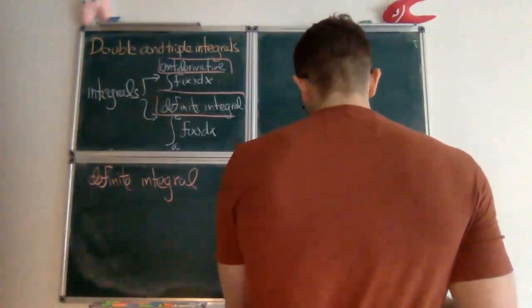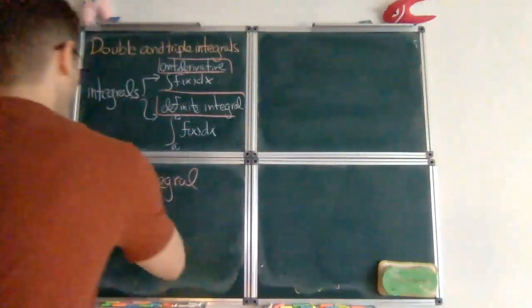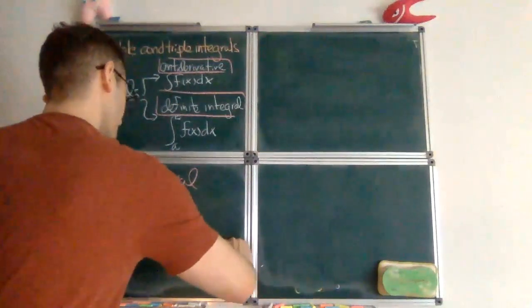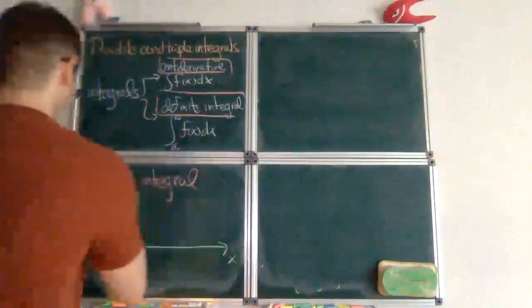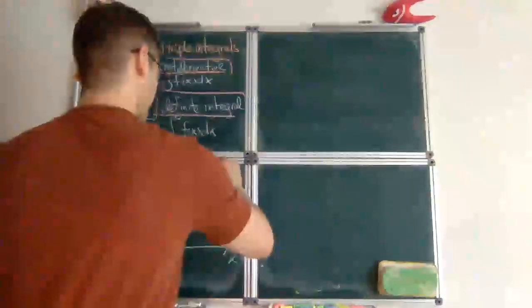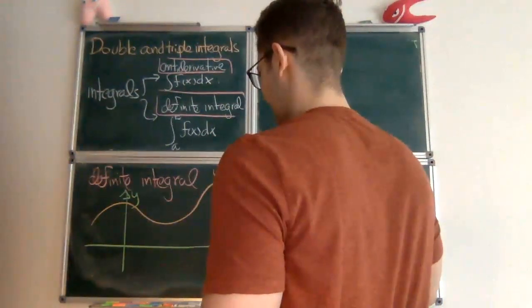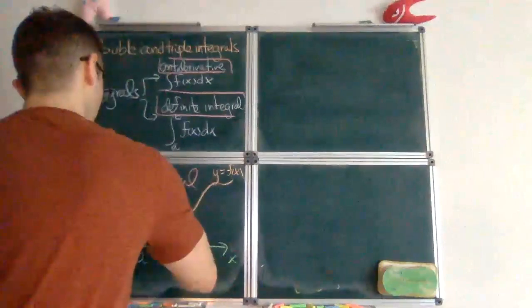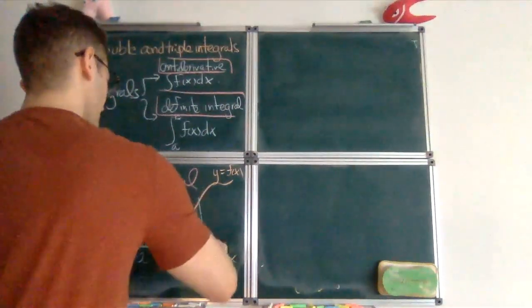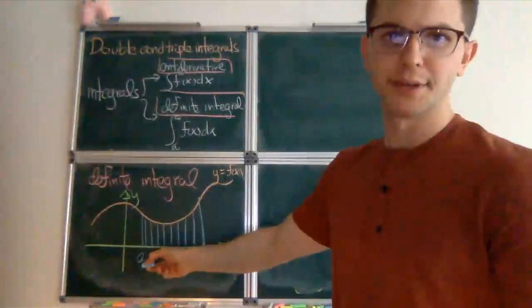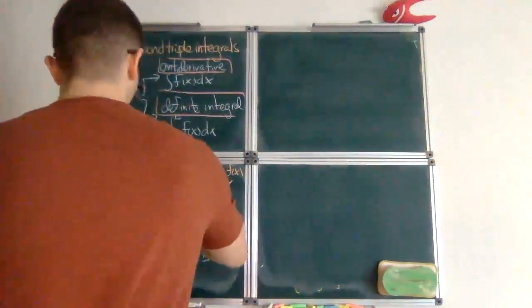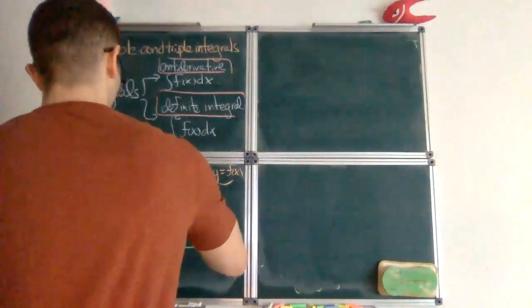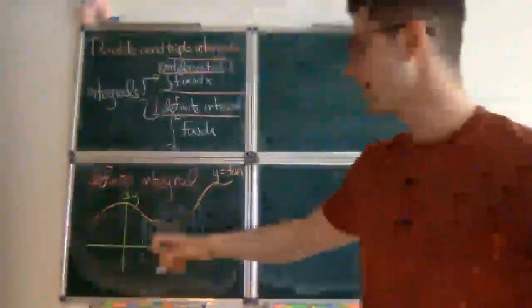So when you had this function y equals f of x, and say here's A, here's B, then this chunk of area was supposed to be the definite integral, right? So this area was supposed to be the integral of f from A to B.